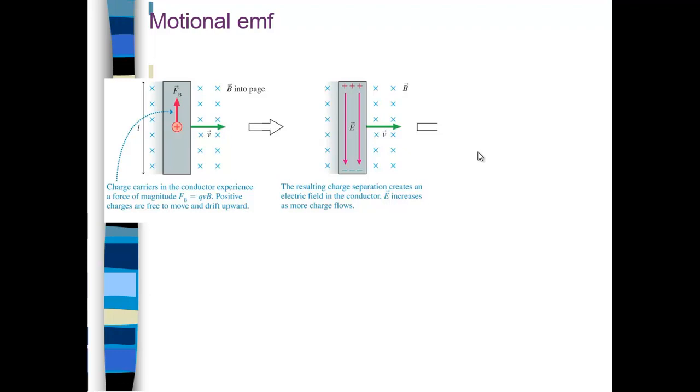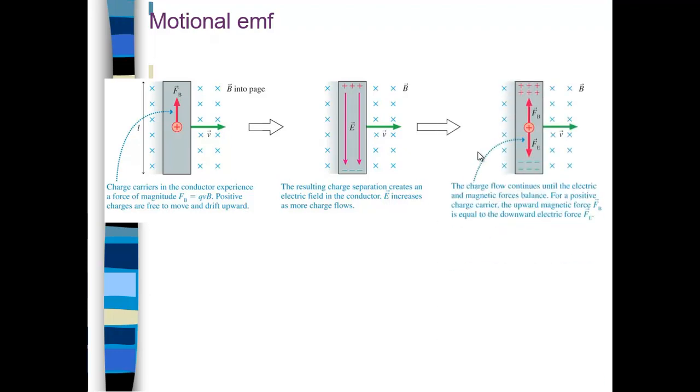Now this resulting charge separation, where the positive charges go to the top and the negative charges go to the bottom, creates an electromotive force. So you'll have an upward magnetic force on the positive charges, and a downward electrical force on the negative charges, and that downward electrical force is associated with the electric field that builds up in this conductor, and those are equal and opposite.